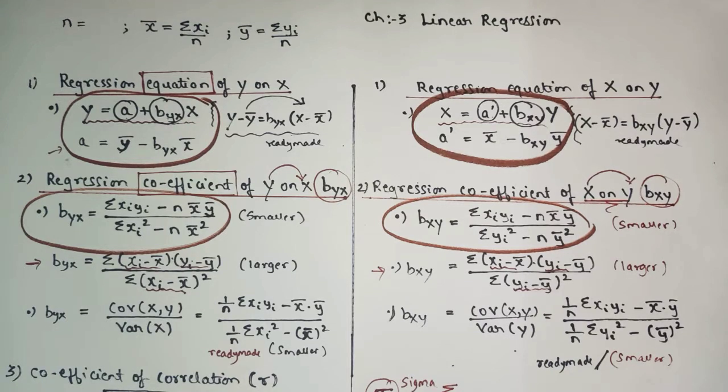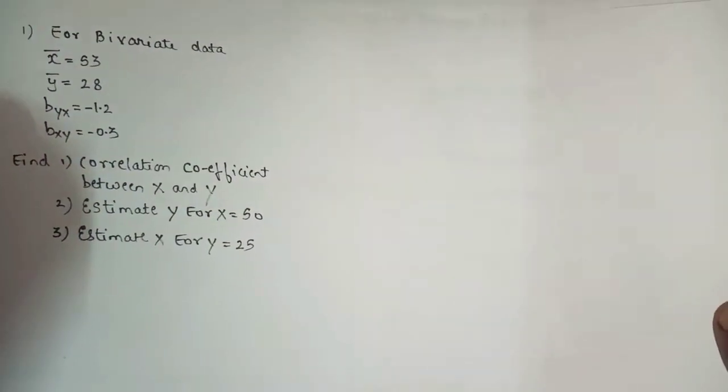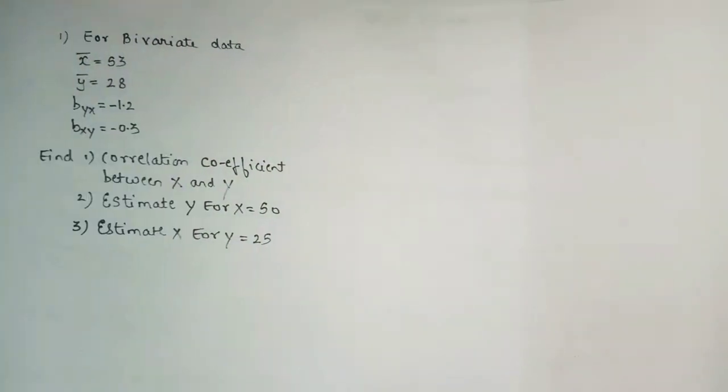Okay, and in the previous lecture we saw the sum based on the regression equation for the larger values. Yes or no? In this lecture we'll see sums based on ready-made values.